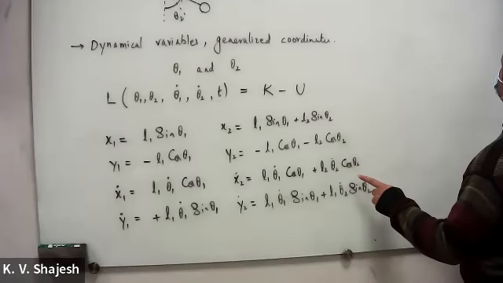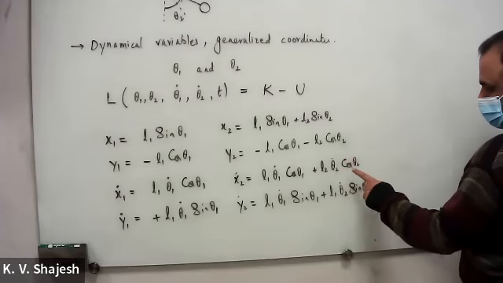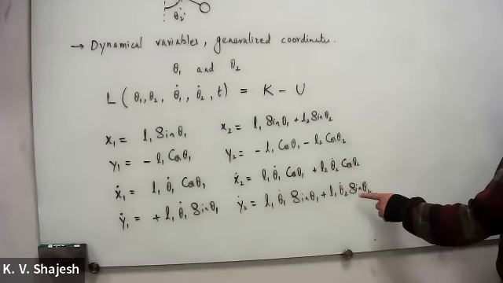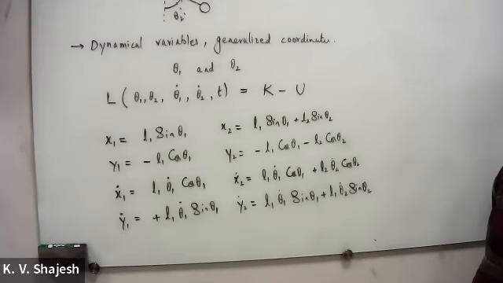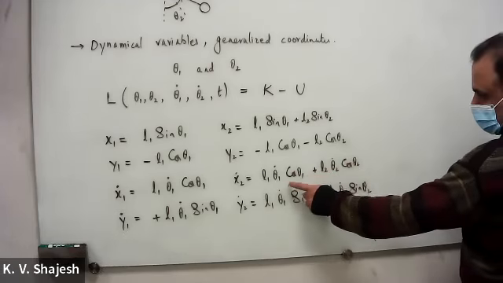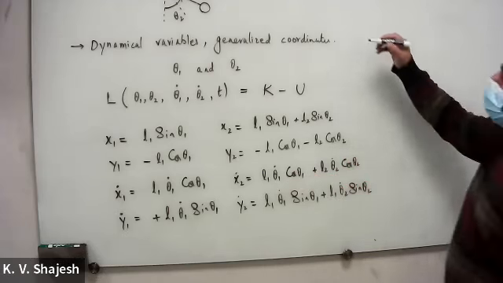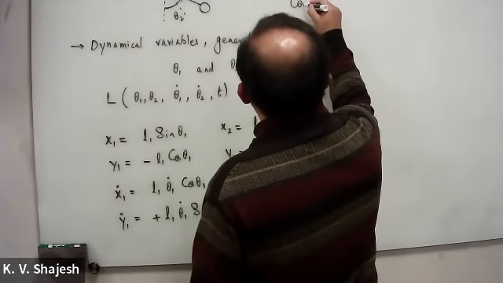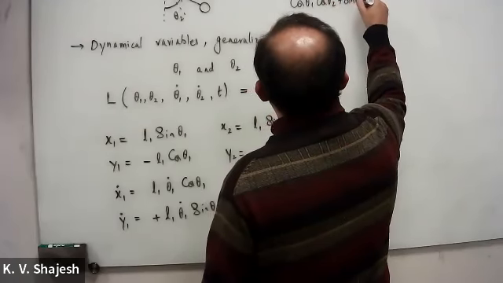Plus L2 square theta 2 dot square, because square of this again is cosine square theta 2 plus sine square theta 2, which is 1. And then there are cross terms, right? So it is plus 2 L1 L2 theta 1 dot theta 2 dot, and there is cosine theta 1 cosine theta 2 plus sine theta 1 sine theta 2.